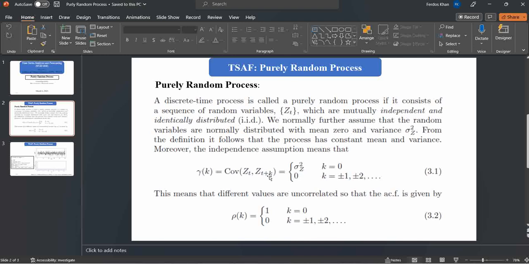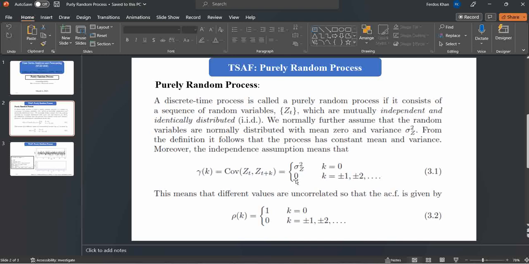Then the covariance becomes the variance of zt, and we already stated in the assumptions that the variance is sigma square z. So at lag 0 it is equal to sigma square z.